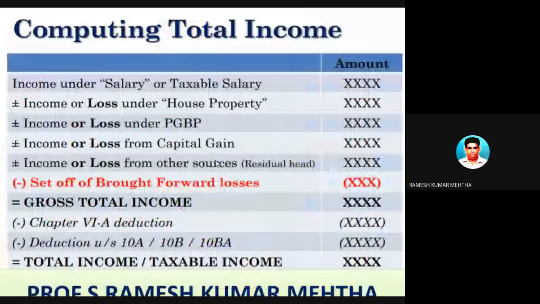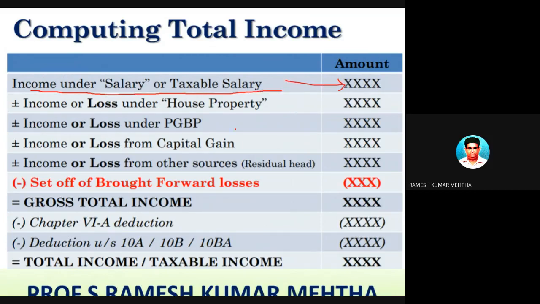This is the first part of the format for computing total income from all the sources, whether it is income from salary, income from house property, capital gains, income from other sources, or profit and loss from business or profession. Let's take them one by one. First, you have to show the total taxable salary income.